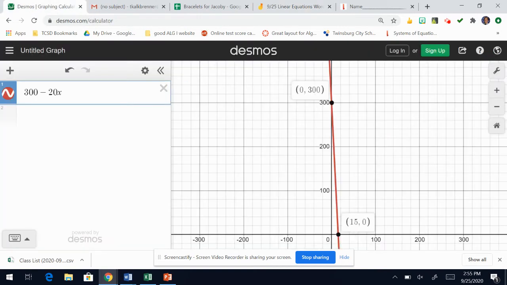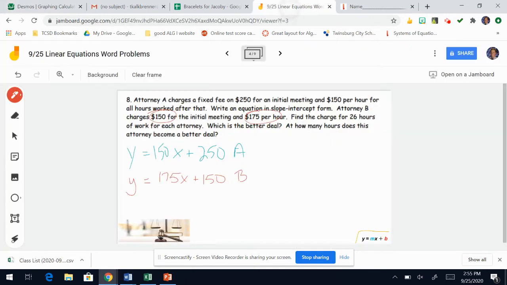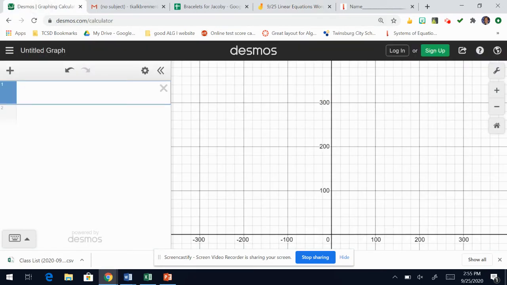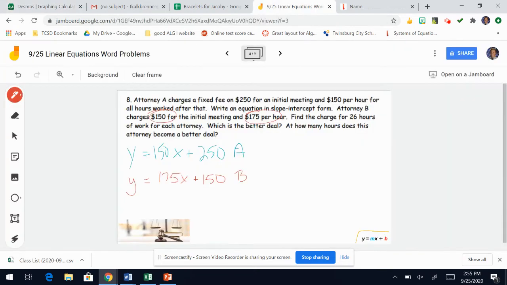So in Desmos, check this out. I'm going to write that equation, and I'm only going to put the expression on the right side, which is 150x plus 250. So in here, I'm going to bring this up. 150, I'm going to put parentheses here, and then plus, what was it, 250?